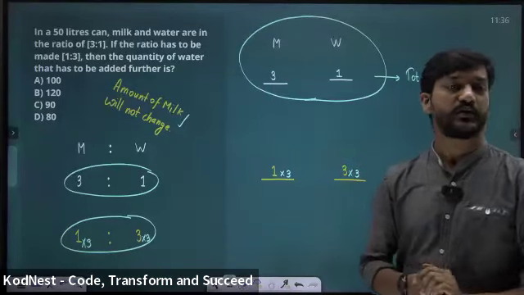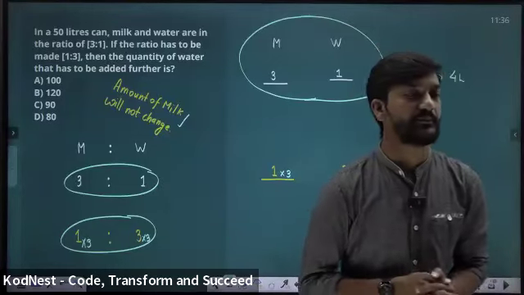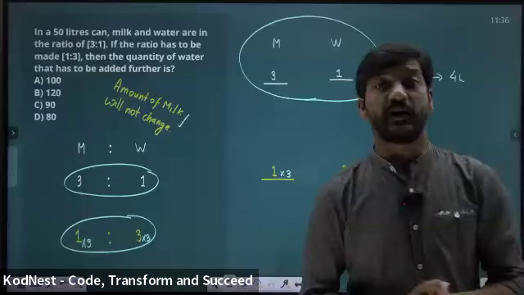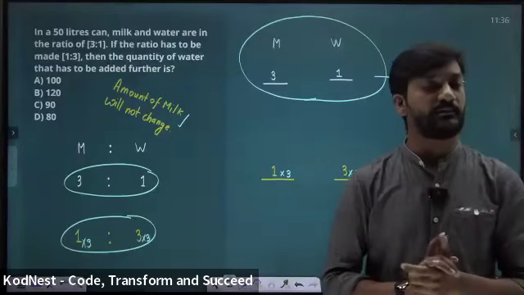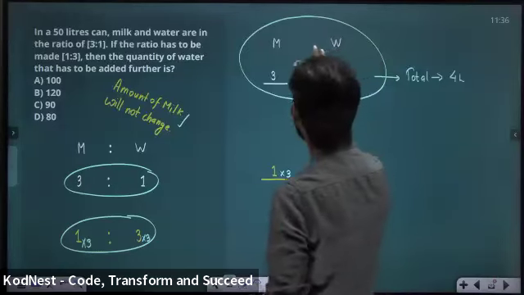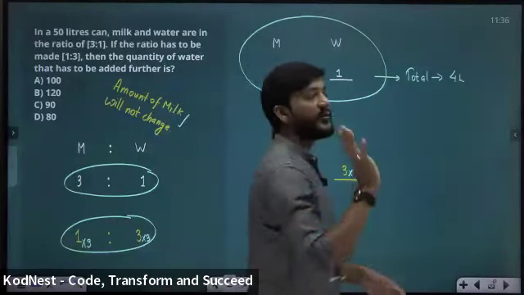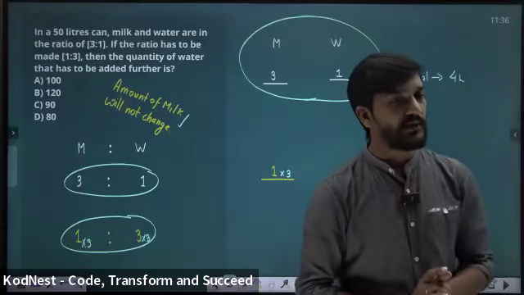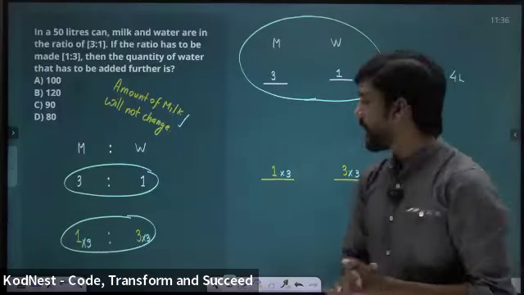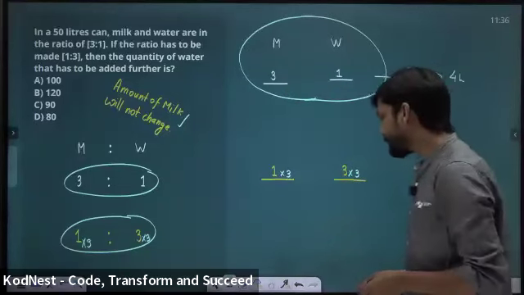So what should I multiply? If you are able to think, then think. If you are not able to think, take a variable: 3x, 1x, 3x, 9x. If you are able to think, it is 12.5 everywhere.